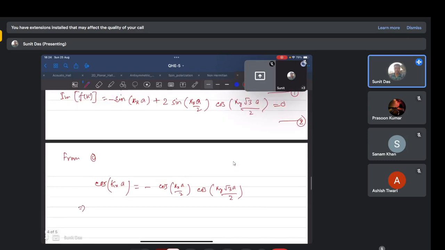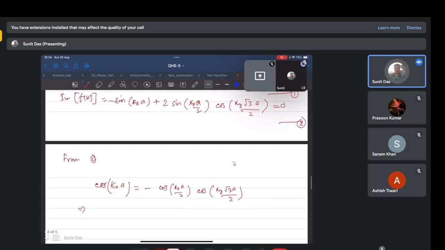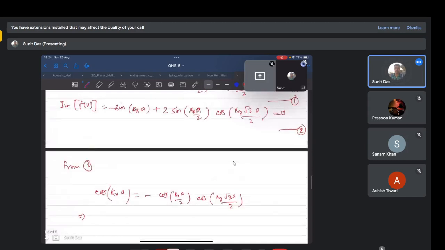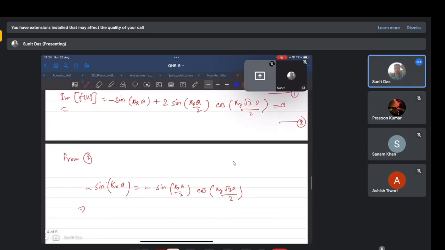So let's do it from equation 2, which is simpler to do. Equation 1 is also fine, but equation 2 I can do more easily. So this will be sine, from the imaginary part basically. This will be simply sine minus and then minus of sine. Okay, and there is an extra 2.